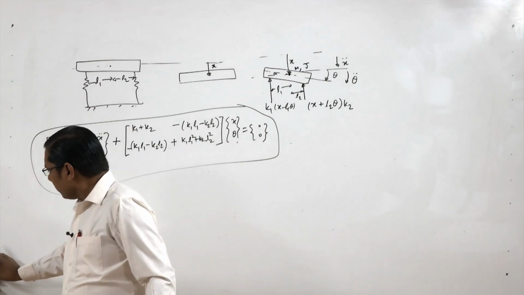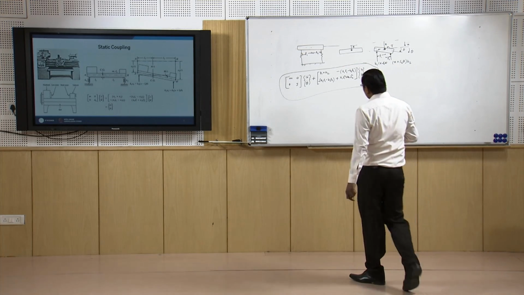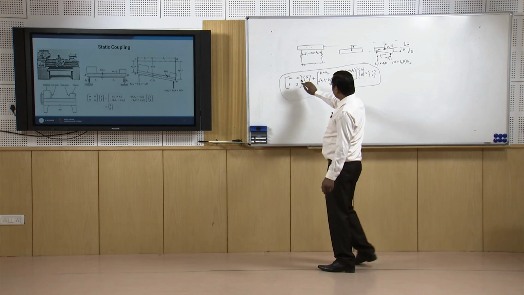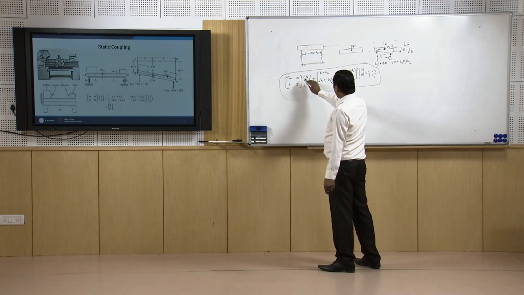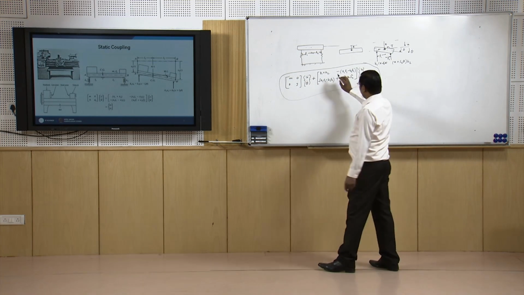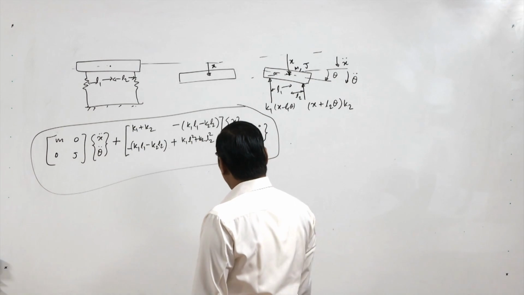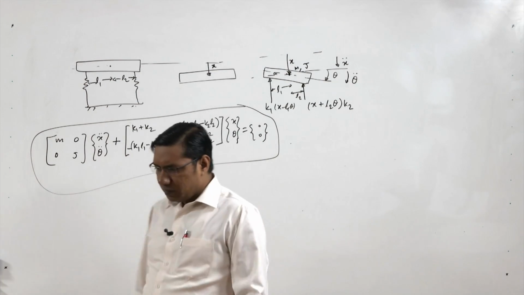From this matrix expression we see that in the first equation, the linear motion degree of freedom, we also have the theta term, and therefore the system is coupled.